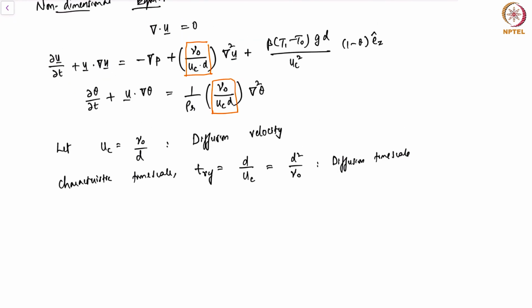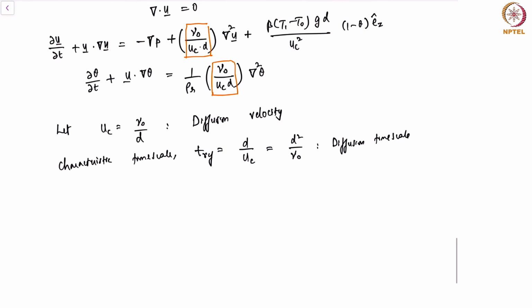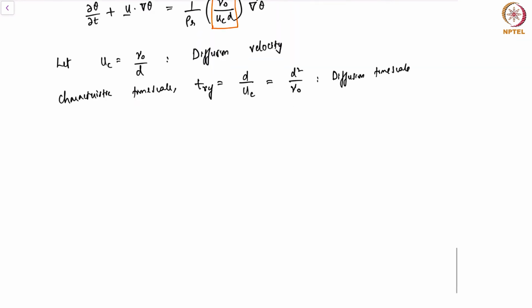And finally we have one more interesting parameter, which is if we substitute the expression for uc into the term that I'm highlighting, this term in the green box, this term basically becomes another non-dimensional number. It's called the Grashof number, that is Gr, and this Grashof number is beta t1 minus t0 into g.